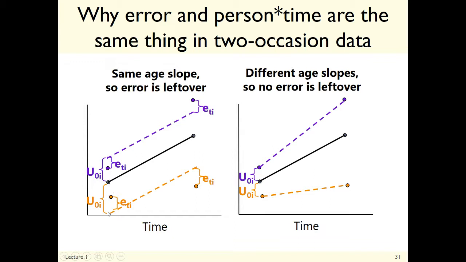Likewise, orange gets their own U0 also. Because the model says both of these people change the same, this U0 distance is time irrelevant. You can think of it as the mean difference between people, even though it's technically at the first occasion, because this model says the variance stays the same across time too. E then is the difference between the purple person's actual occasion 2 here and the one that's predicted for them, and likewise here, and likewise here, and likewise here.